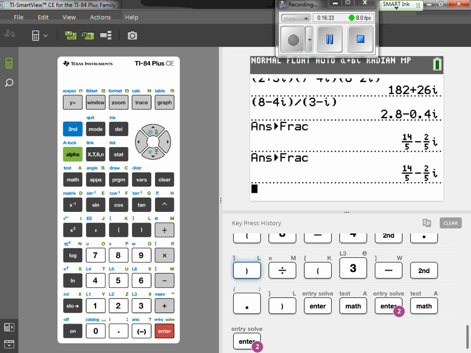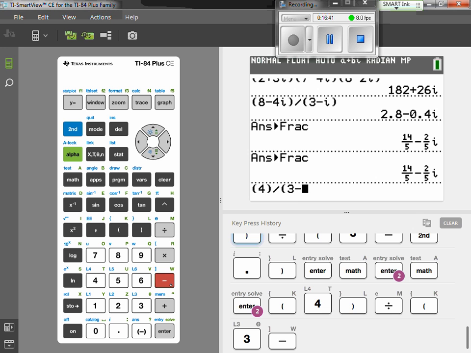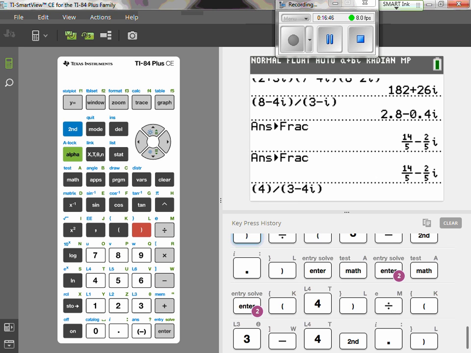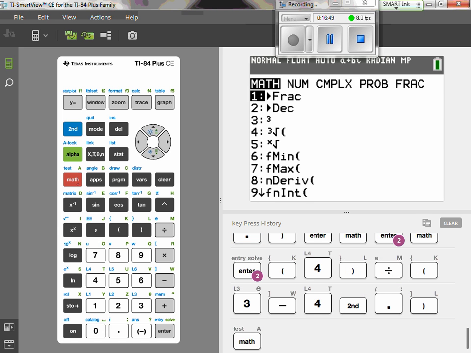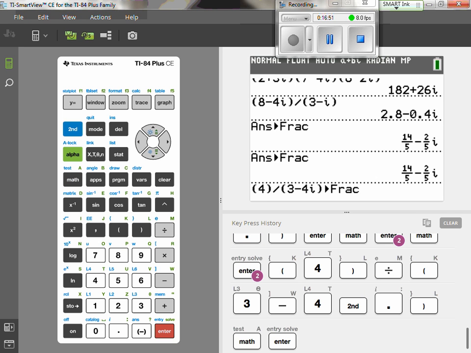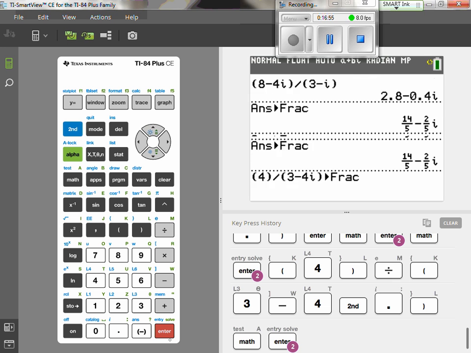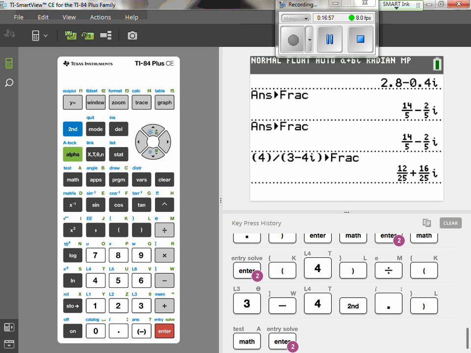Or like the next one, where we have 4 divided by 3 minus 4i. So we have this here, yes? At this point, I can go math, enter, and have that all on one line. Enter. And it'll just give me it as a fraction. So we don't have to do it as 2 steps. We can do it as 1.